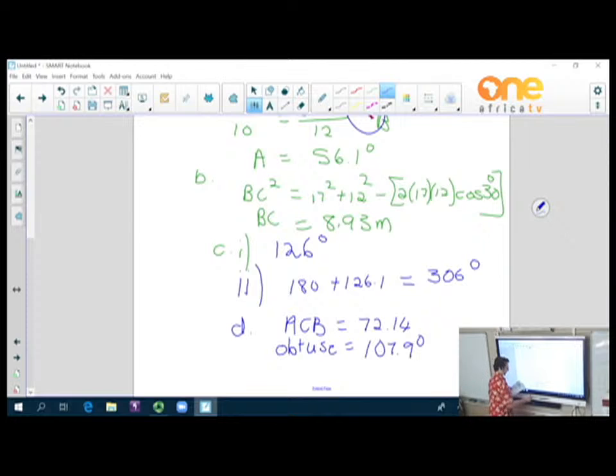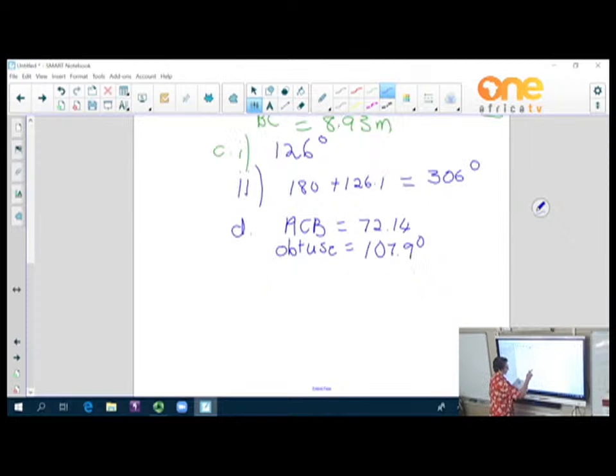Can you see? Remember the cosine rule that we worked with. And then ACD is 180 minus 95 minus that 56.1 degrees. So that one is 28.9 degrees, ACD.